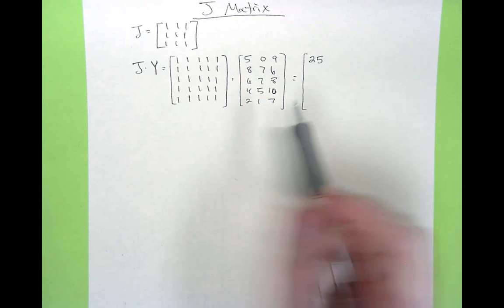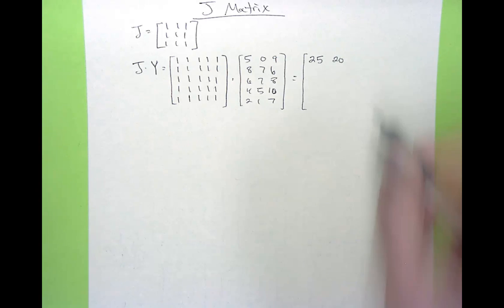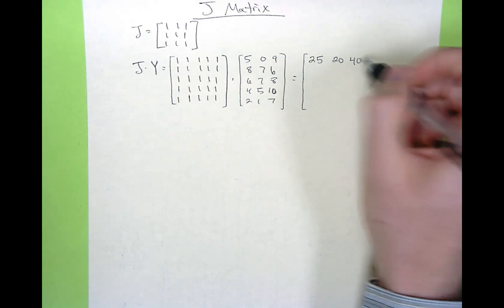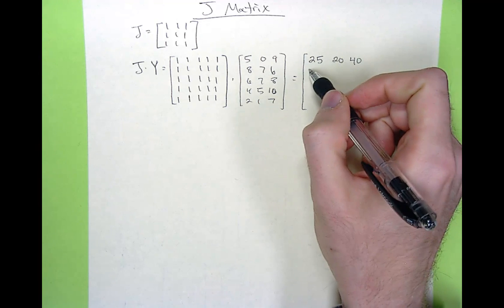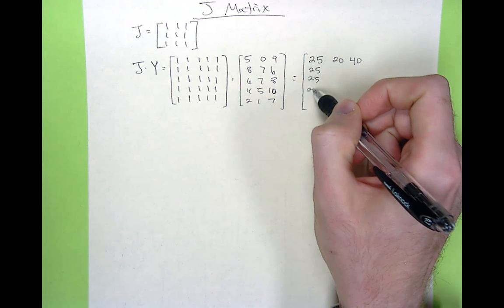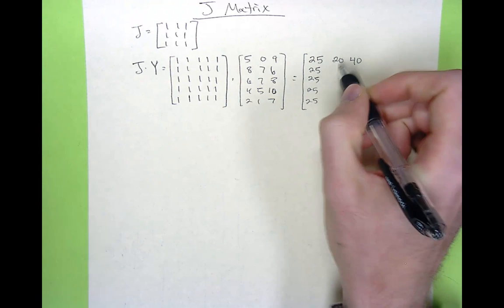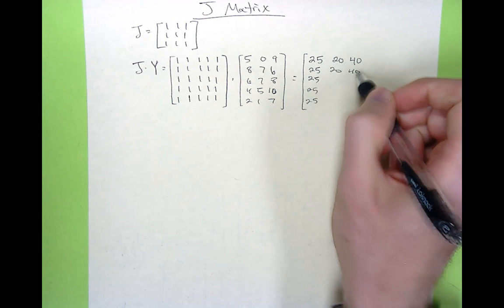And the sum of the second column is 20, and the sum of the third column is 40. And because we need a 5 by 3 matrix, we'll get these sums all the way down. So each row is a repeat of these sums.